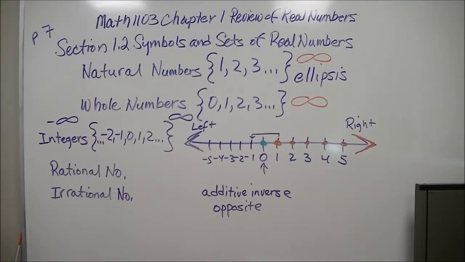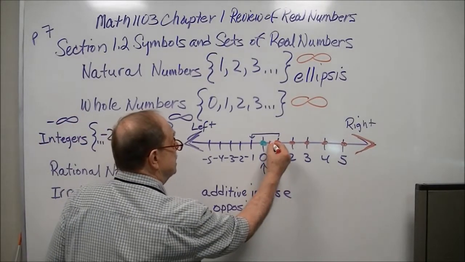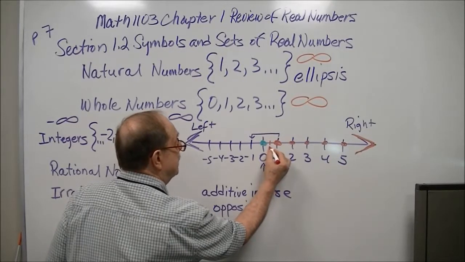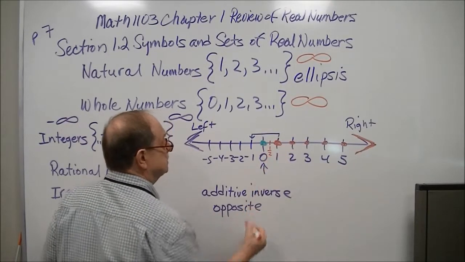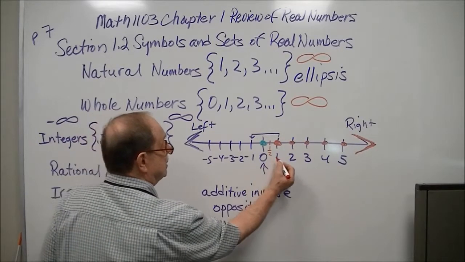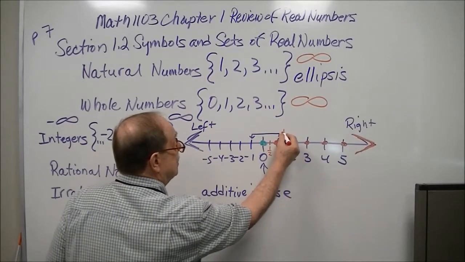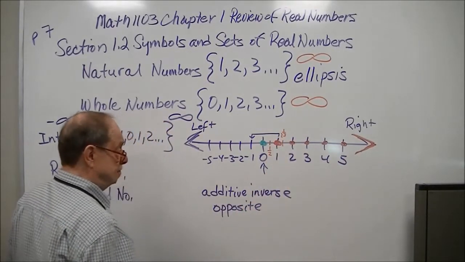Now, are there other numbers on the number line? And the answer is yes. For instance, between 0 and 1, we have 1/2. And we also have, let's say, 1/3 there.